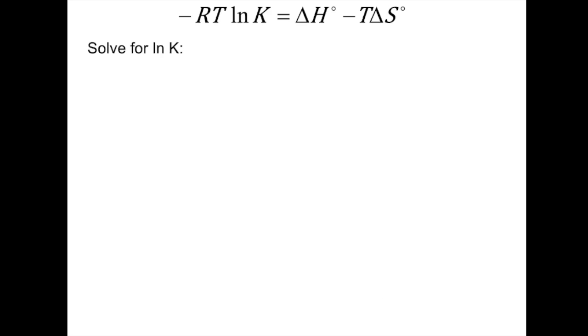If I start off here and say, look, minus RT ln K is equal to delta H minus T delta S, I'm going to rearrange things and solve for K. So all I have to do, by the power of algebra, is divide by RT on this side, and what I get is this expression. T cancels out over here. So from this one, I've got my ln K value.